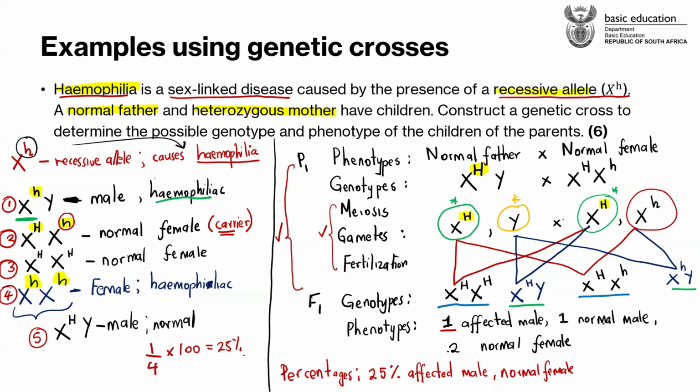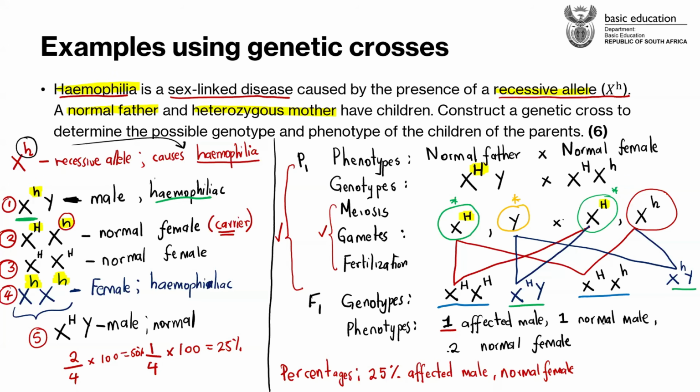Okay, so what about the females? 2 normal females, 50%. You just say 2 possibilities of getting normal females over 4 total possibilities multiplied by 100 will give you 50%.